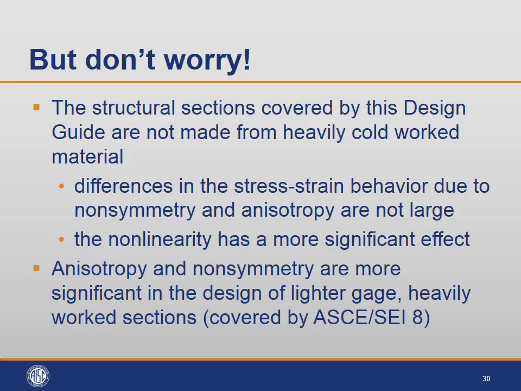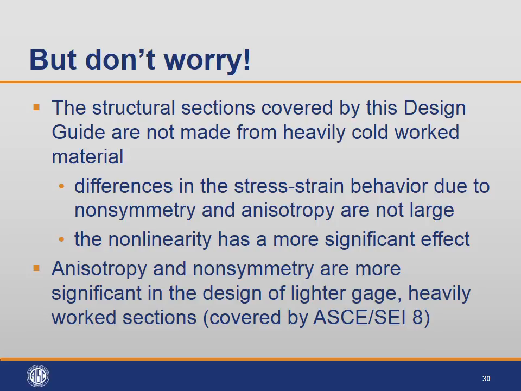But the good news is that for the types of structural sections that we're dealing with in the design guide, they're not made from heavily cold-worked material. And so the differences in the stress-strain behaviour due to non-symmetry and anisotropy are not large at all, and it's really just the non-linearity which has the greater effect.